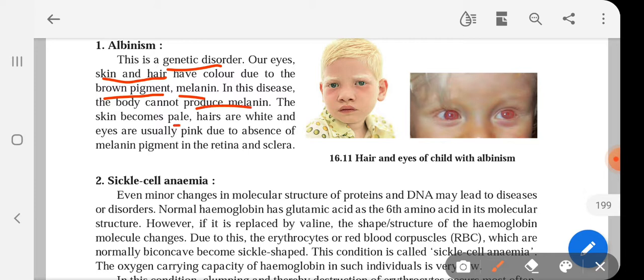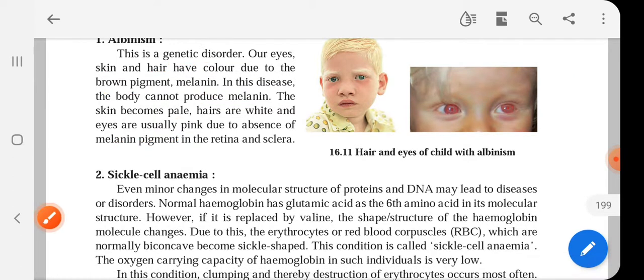The skin becomes pale, hairs are white and eyes are usually pink due to absence of melanin pigment in the retina and sclera. So you can see it's due to absence of melanin. The skin looks white or lightish yellow, the hairs are white, and the eyes are usually pink due to absence of melanin pigment.